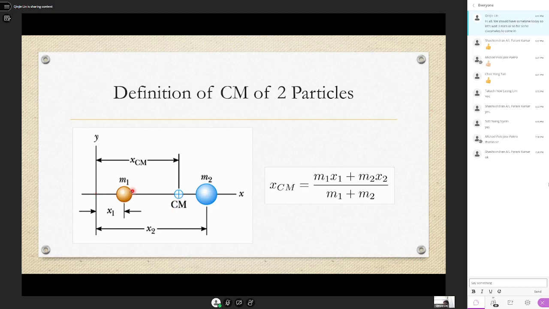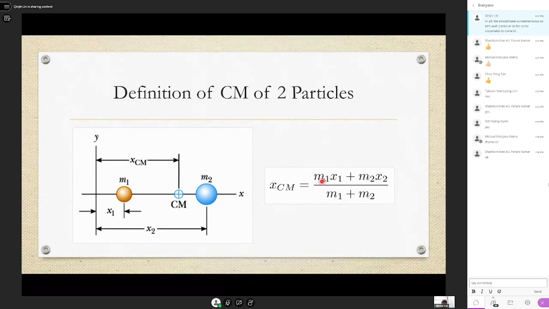To find the center of mass for these two particles, we'll be using this formula. We take the mass of 1 times the distance of 1 from a reference point. It must be from a reference point. Later the second particle, and the third, fourth, and so on, you all must use the same reference point, then it will be correct.